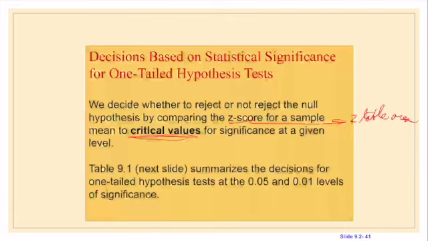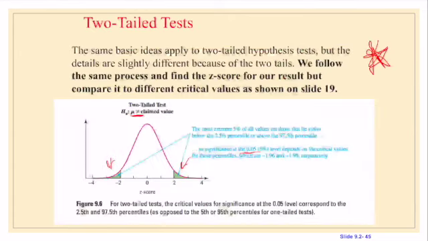When it comes to two-tailed tests, these are special, okay? Two-tailed tests, we want to make sure that the area in both tails adds up to less than 0.05, okay? Because remember, a two-tailed test would be our mean doesn't equal our claimed value. It could be less than, it could be greater than.